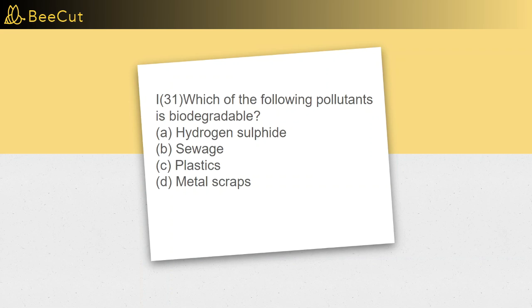Out of these following pollutants, which one is biodegradable? A. Hydrogen sulfide. B. Sewage. C. Plastic. D. Metal scraps. B is sewage. Microorganisms will act on it and it will decompose to break down.